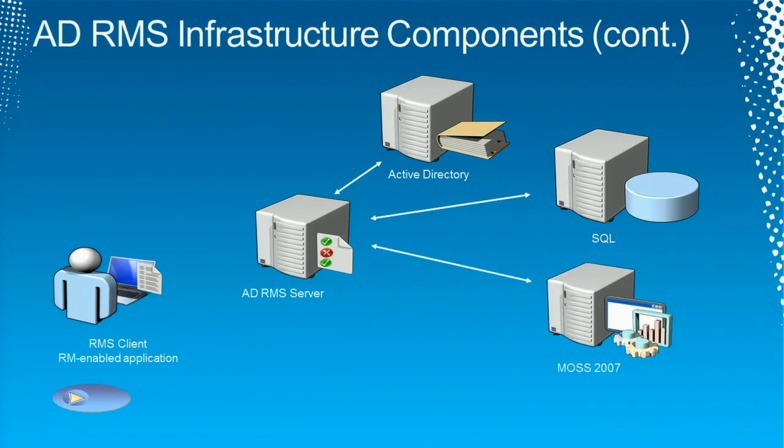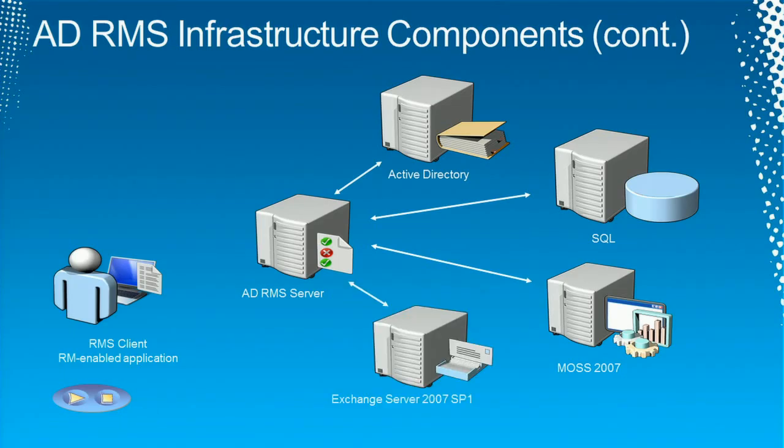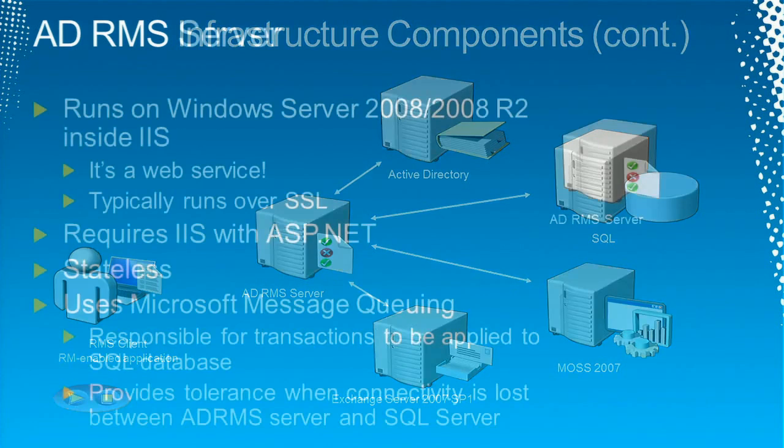And then the last part is the applications that are dependent upon RMS or have RMS capabilities built in. One is SharePoint Services 2007 and 2010, and then Exchange Server 2007 SP1 and Exchange Server 2010 plus.